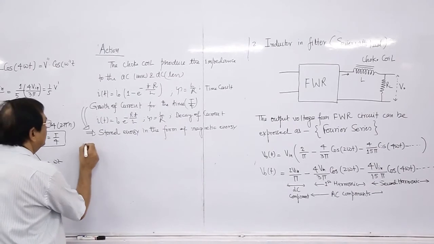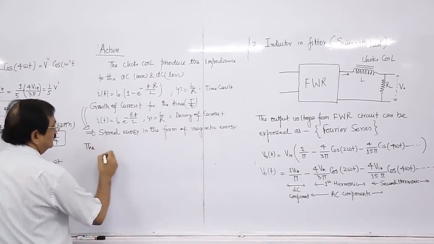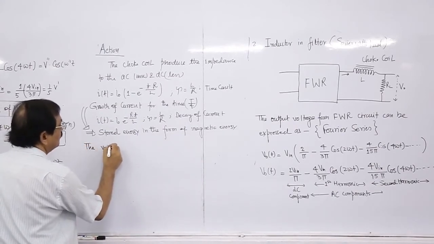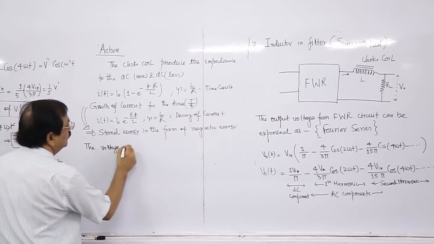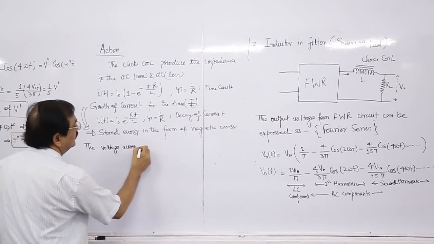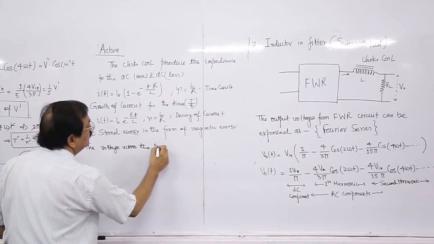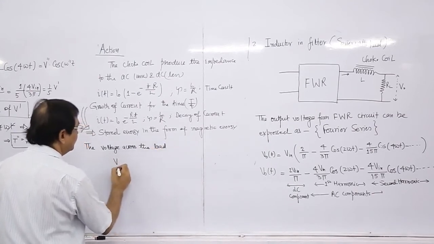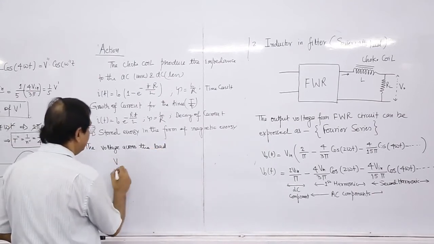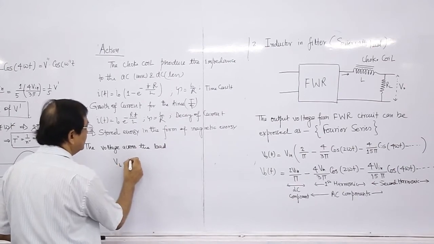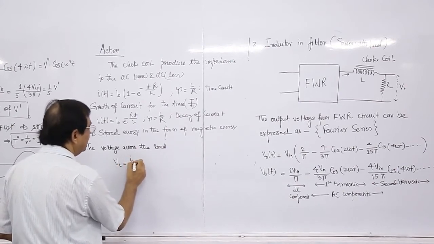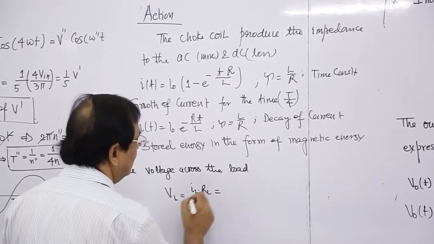So, the voltage across the load, that is VL, is IL into RL.